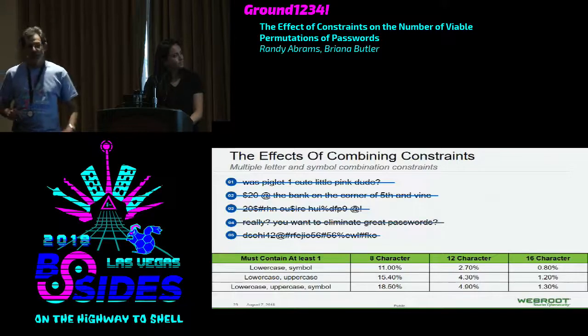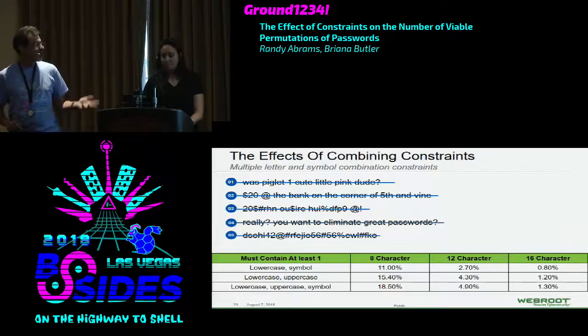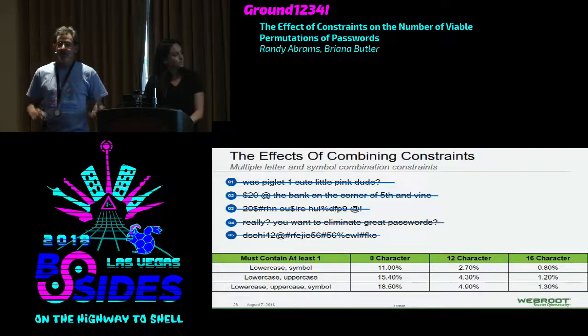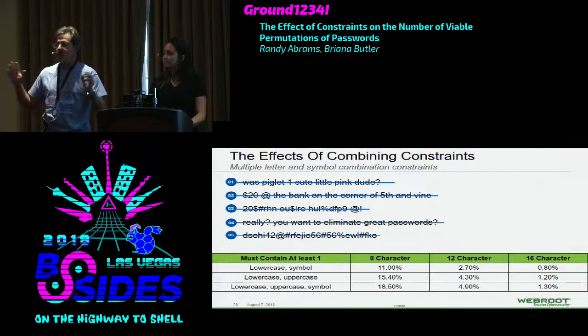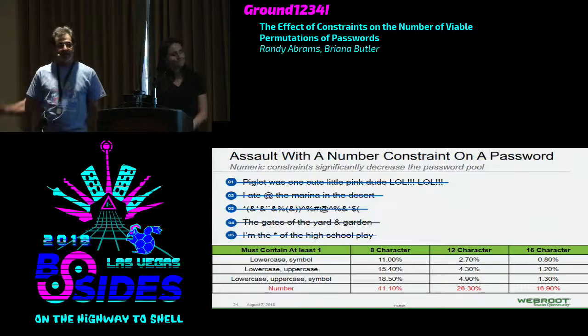And when you get to lowercase, uppercase, and symbol, now you're eliminating almost 1 in 5 potential passwords. So 1 in 5 brute force attempts is theoretically going to be trying something that could never, ever work.